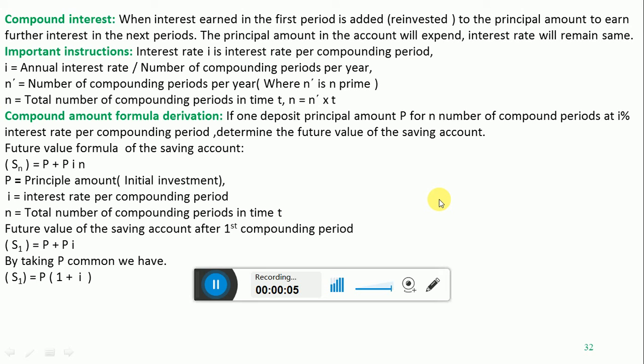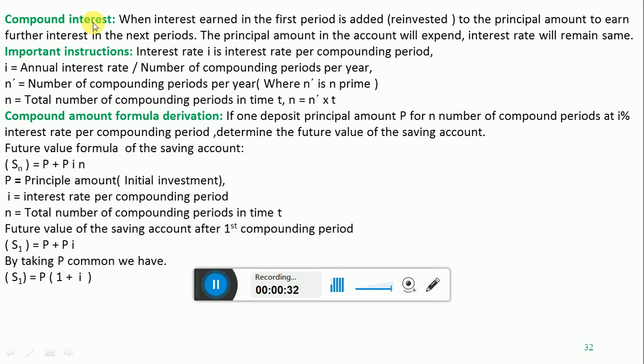Today we will discuss another concept of the mathematics of finance, the concept of compound interest. What is compound interest? When the interest earned in the first period is added to the principal amount, or reinvested in the principal amount to earn further interest in the next periods, this is called compound interest.